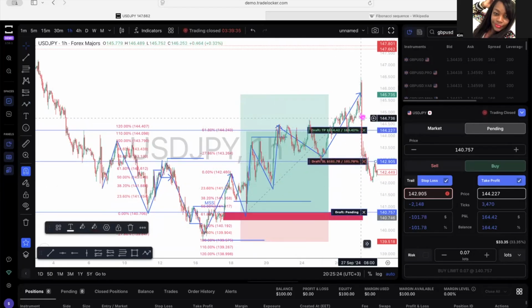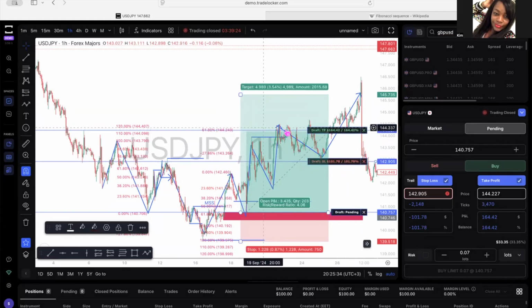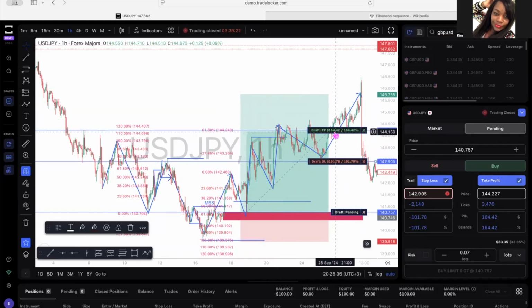So once this happened, it would have taken you out with $100 profit. So you either get out at the 618 with $164, or you just move your stop loss and let it stop you out and you get $100. Which one do you prefer? It's all up to you.